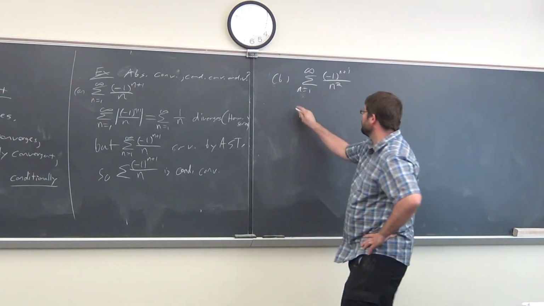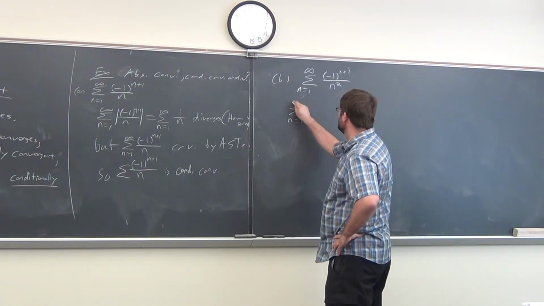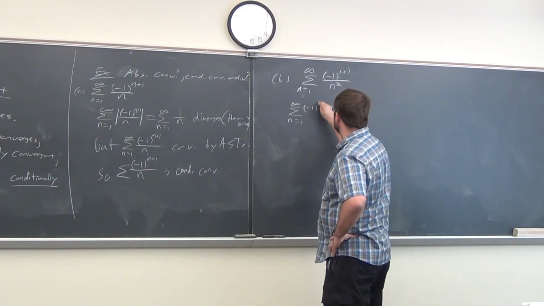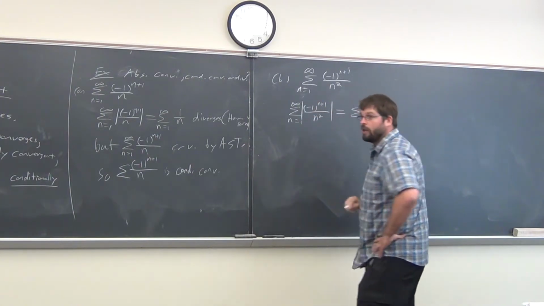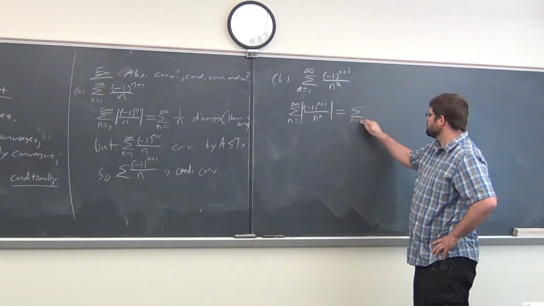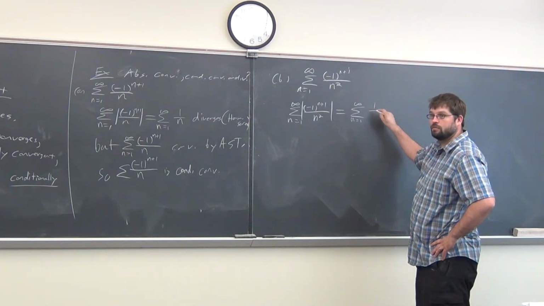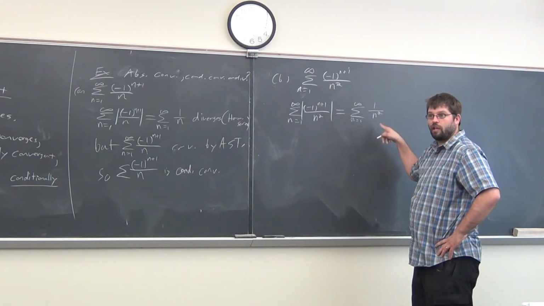Okay. So now if I took that same series and I put absolute value around it, what do I get? Just 1 over n squared. Does that converge or diverge?